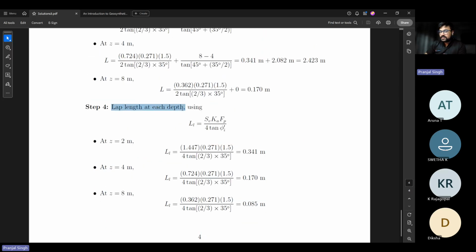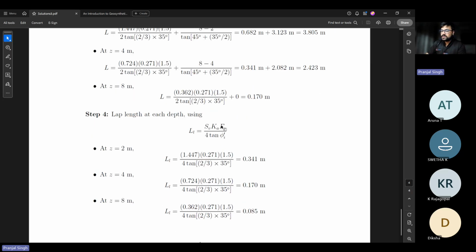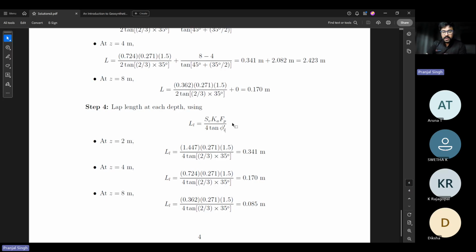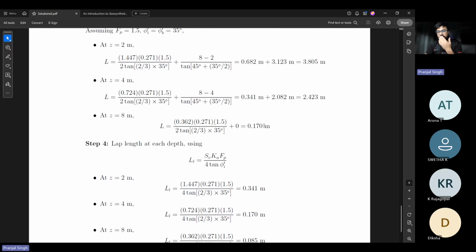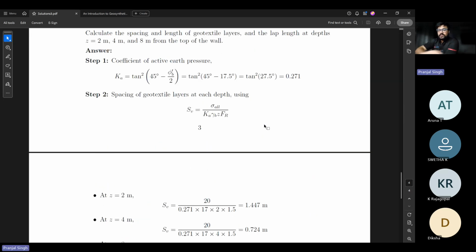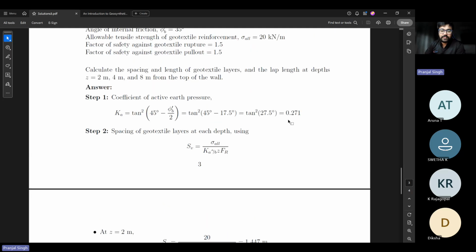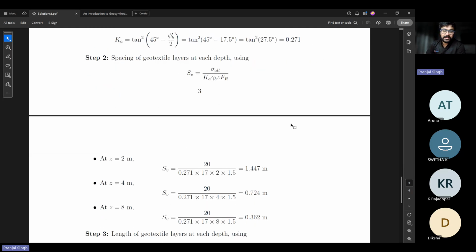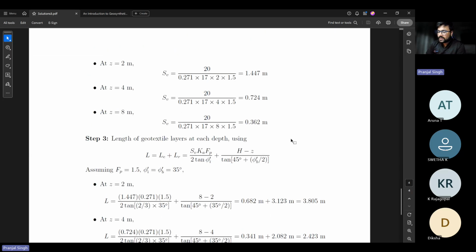And then lap length, which is specifically for a wraparound. This again is based on a similar principle. The details of the derivation of these equations we'll discuss in later classes, but just to get a brief outline, because we don't have a lot of numericals in these initial weeks. Later on as we move, you'll get used to these equations, and they are mostly based on very simple phenomena.